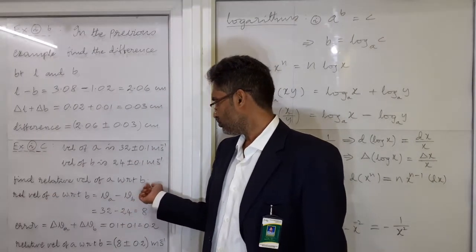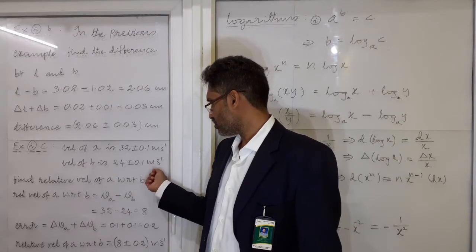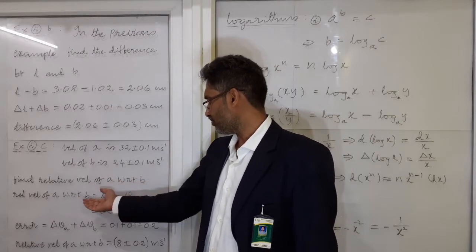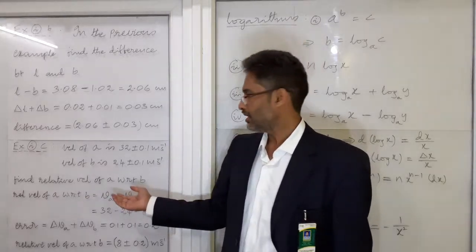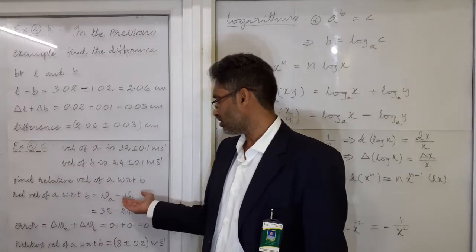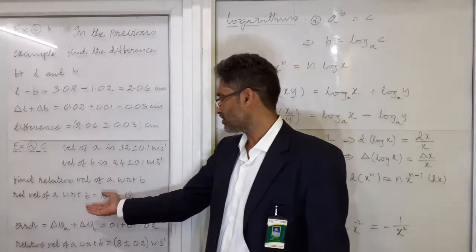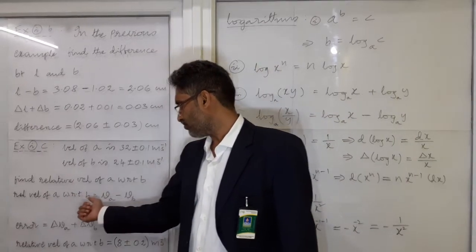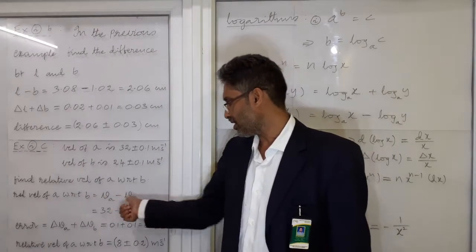We have spent more and more time on this one, as Aryan expressed a doubt regarding relative velocity. So relative velocity of A with respect to B is defined as VA minus VB.